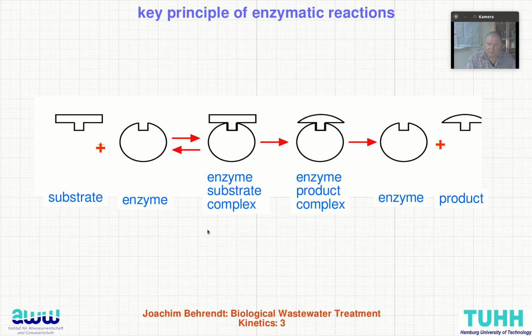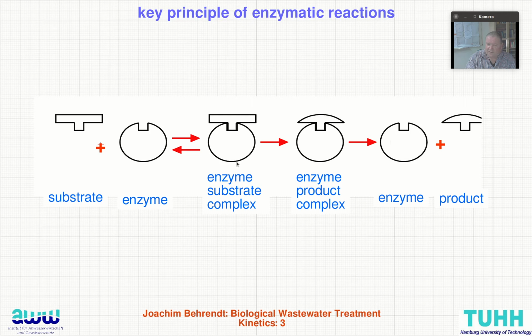A long time ago, 101 years exactly, two nice guys, Michaelis and Menten, proposed this key principle of enzymatic reaction. Normally one substrate reacts with an enzyme, where finally the key enters the lock and forms the enzyme substrate complex, where the substrate is transferred to a product and then the enzyme is released.